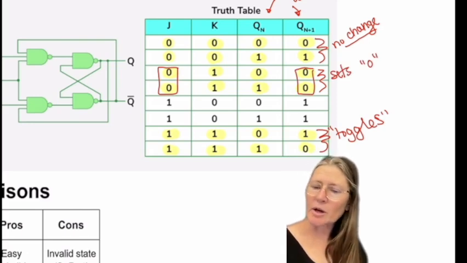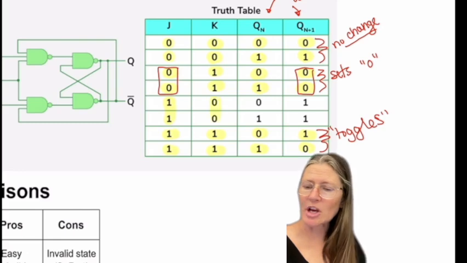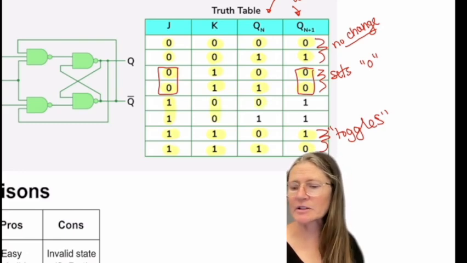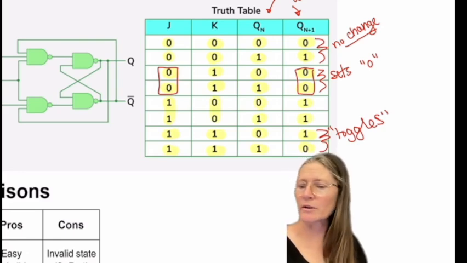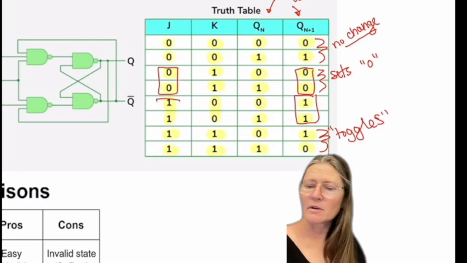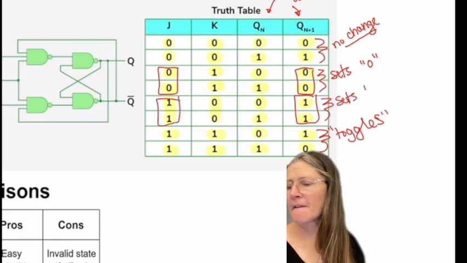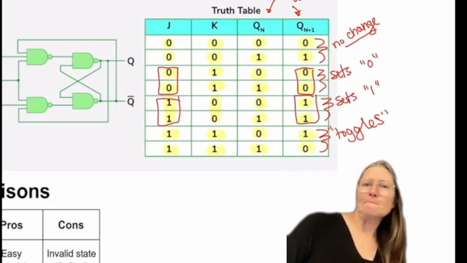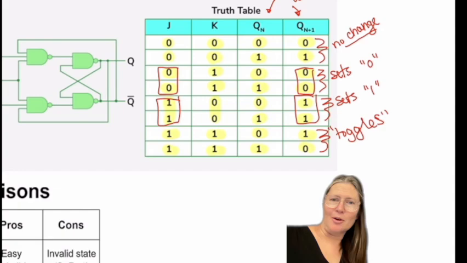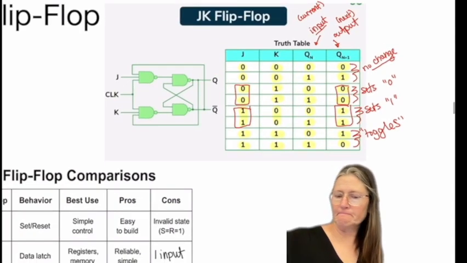And in this one, if you have a 1 on the J, your K has to be opposite, and then it sets it, no matter what you have, to a 1. So that's basically how the JK will work.